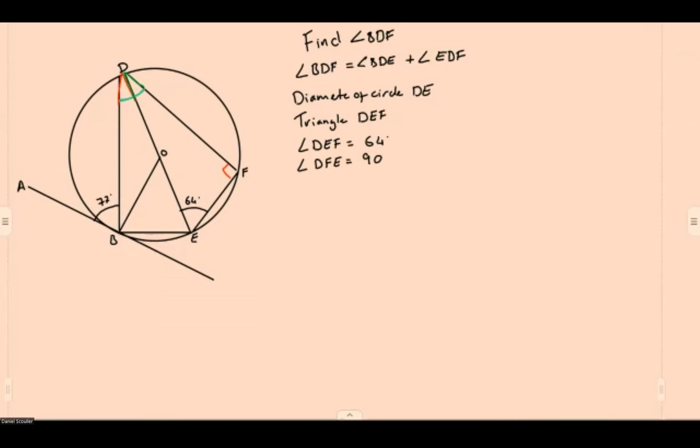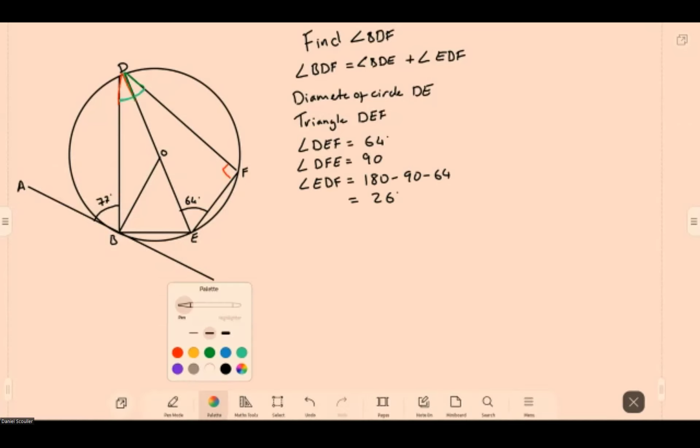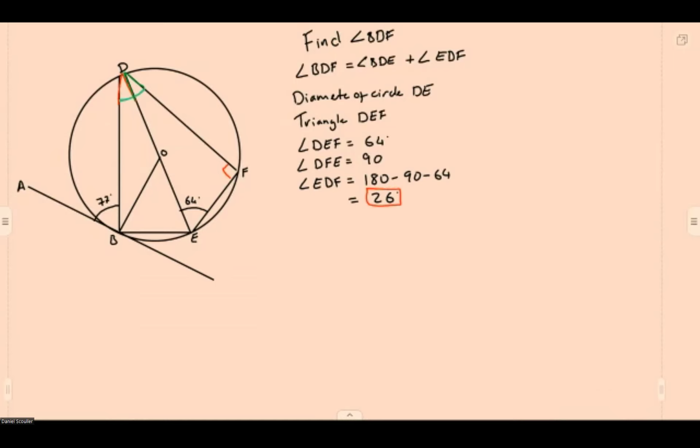I can now find out angle EDF by saying 180 minus both of them. So I found one part of my question already. 26 degrees is angle EDF, which is one of the angles that I'm wanting.